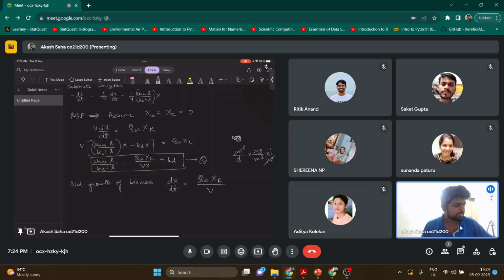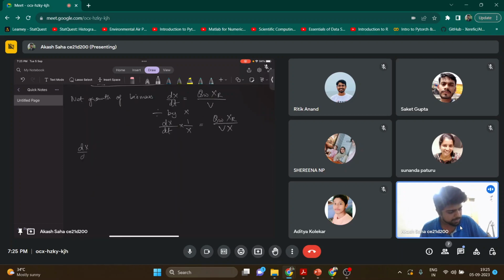Again dx by dt we get in milligram per meter cube per day, equal to the unit of dx by dt. If I divide both sides by X, it becomes dx by dt into 1 by X equal to Qw Xr by VX.